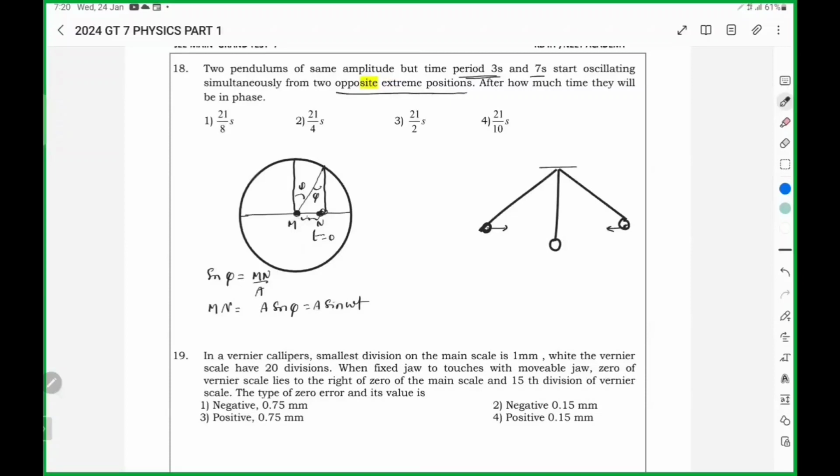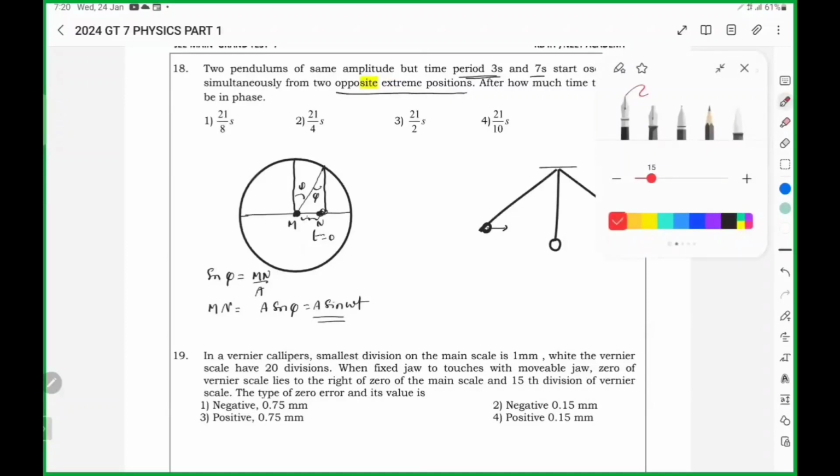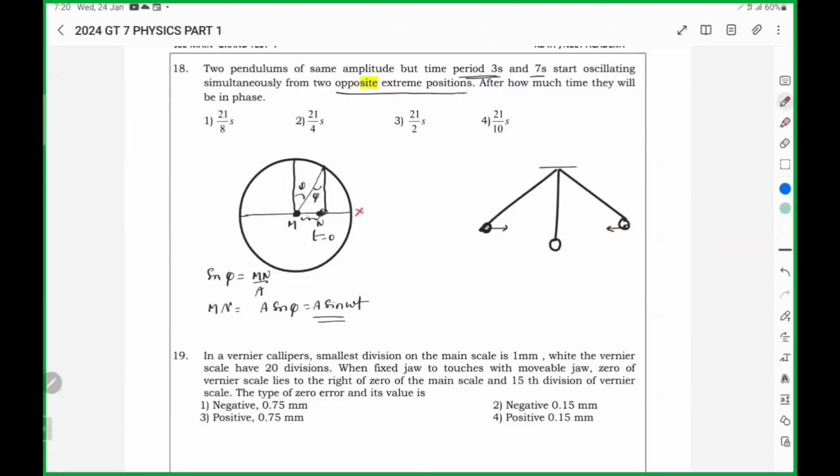When the particle starts from the mean position, we have to use this. Initially, when the particle is at an extreme position, it has an initial phase of pi by 2. Then after a certain interval of time, it makes an angular displacement.